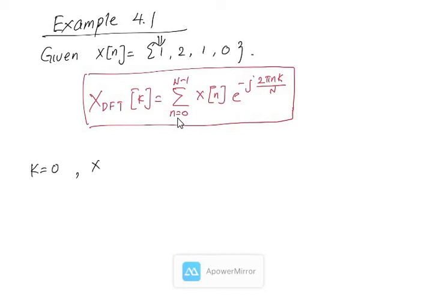So X DFT k means DFT 0, the first DFT 0, is equal to the summation from n equal to 0 to N minus 1. N, you count here: 1, 2, 3, 4. So 4 minus 1 is 3, so up to 3 only. Then x[n] exponent 0.